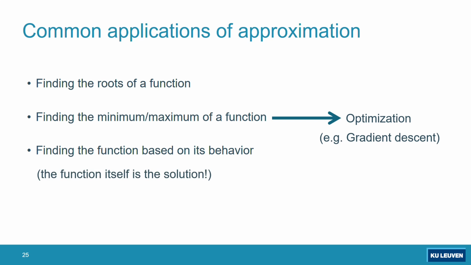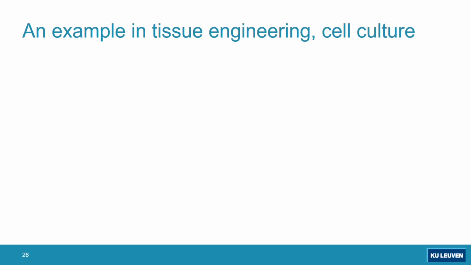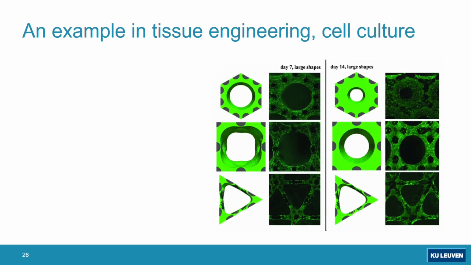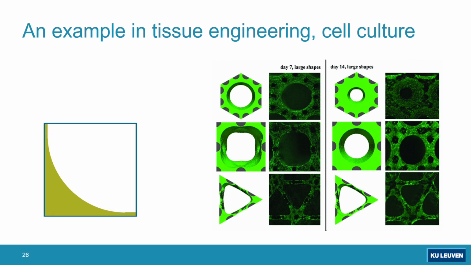let's have another example in tissue engineering for cell growth. You put cells on scaffolds and they start to grow. So in this case, if you want to represent it as a geometry and a function, it would be like this. Assuming a container, we put cells on the left and the bottom side, and then they start to grow.